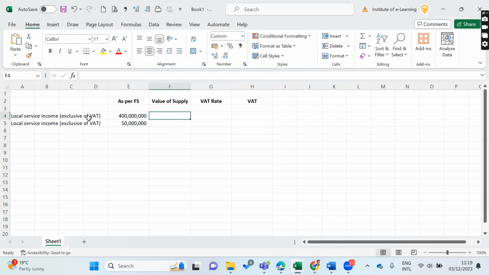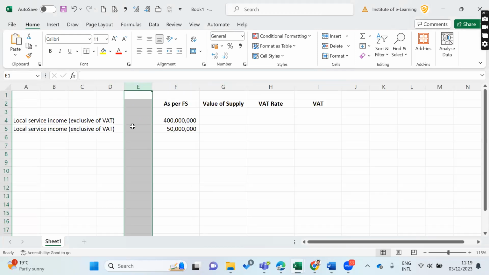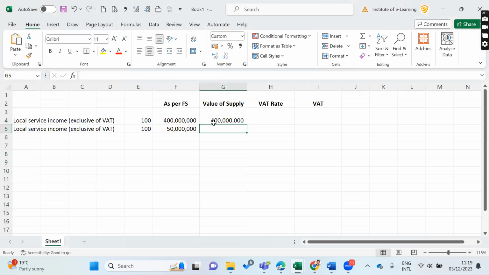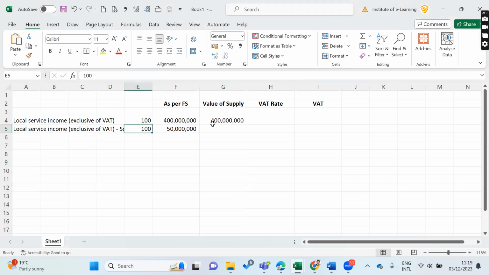Exclusive of VAT in the sense that it is 100. Then we can take the value of supply as the same, right? Since this 50 million is connected to solar, we will not consider it as a part of taxable supply, because it is exempt.